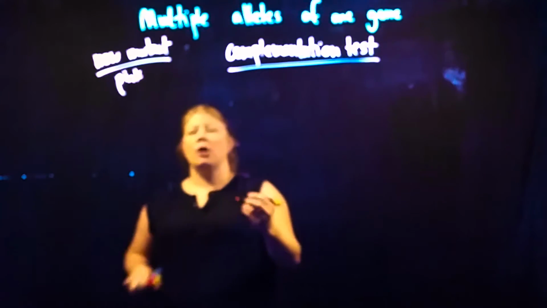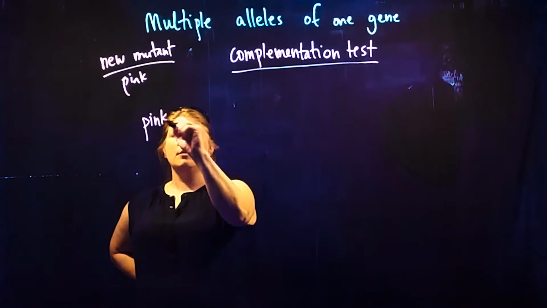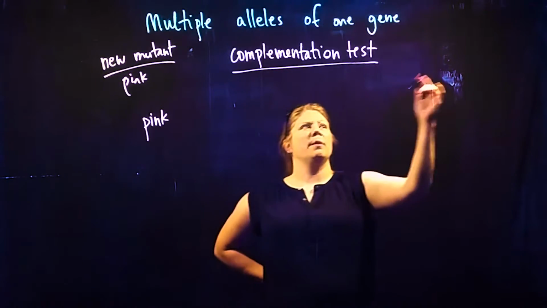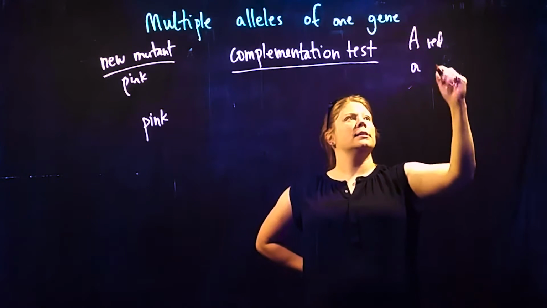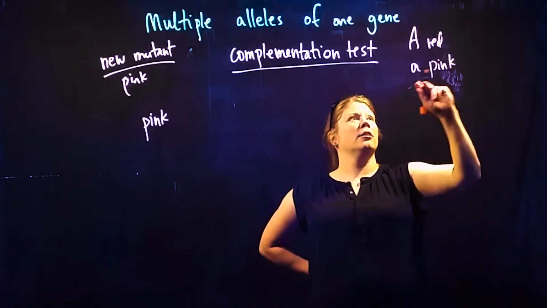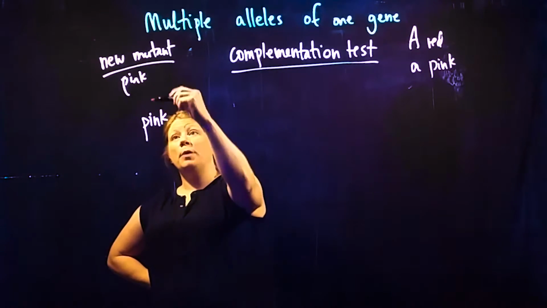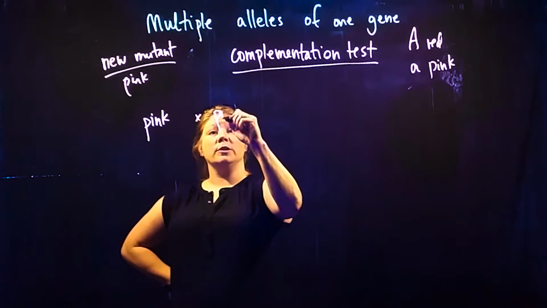And in this case, we're going to take our new mutant, the pink mutant, and we're going to cross it together with, let's remember that our gene A has the dominant allele red and the lowercase allele a, which gives us only pink color. So we're going to cross our new pink mutant here together with our old pink mutant.